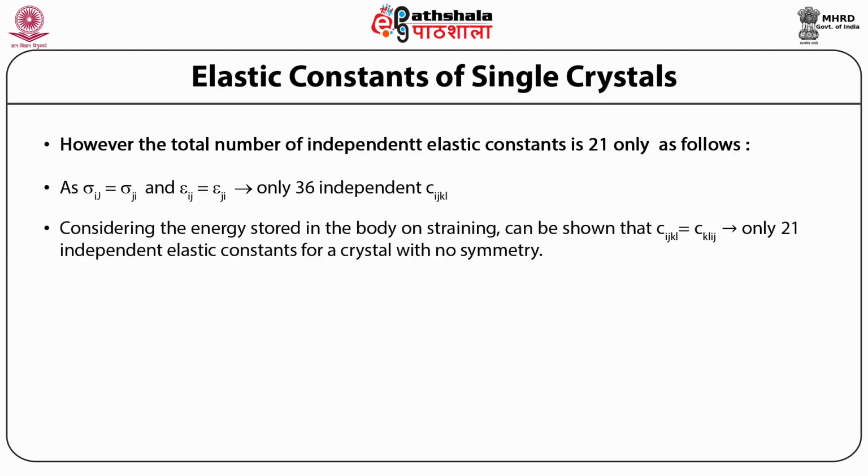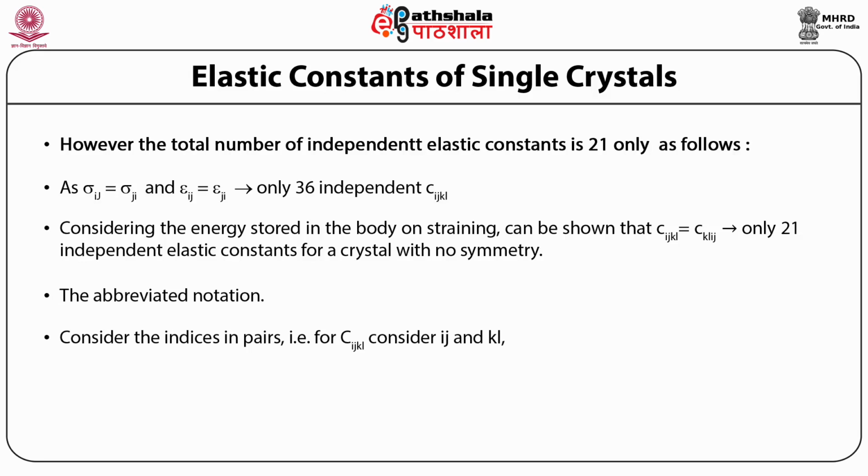So this number is further reduced when the symmetry of the crystal is considered. Now consider the indices in pairs, that is, for Cijkl, consider ij and kl.